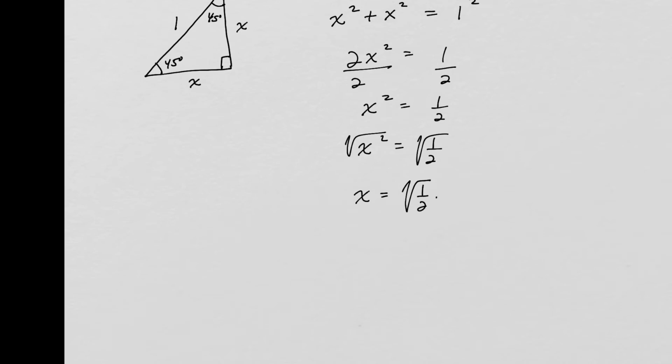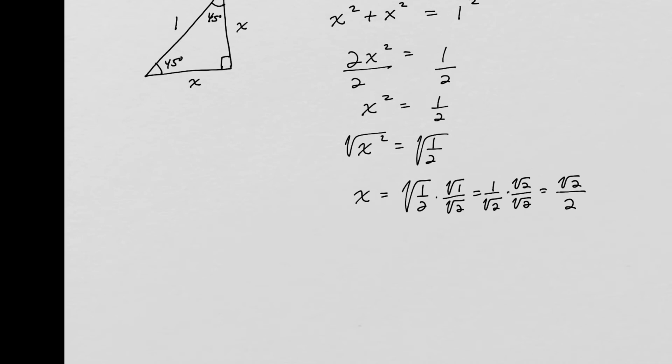But we can rewrite this, right? I could write it as the square root of 1 over the square root of 2. Right, that's one rule, but that square root of 1 obviously is just 1. And then we could rationalize the denominator. Remember how to do that? To get rid of the radical in the denominator, I would multiply both numerator and denominator by radical 2. So this would be radical 2 over, and then radical 2 times radical 2 is radical 4, which is 2.